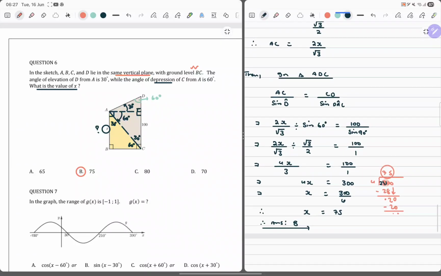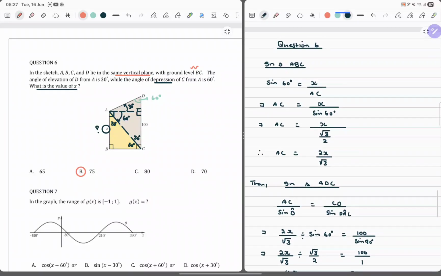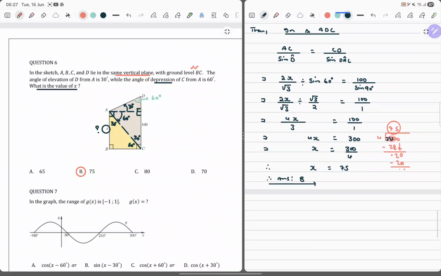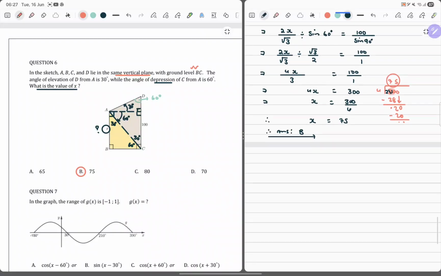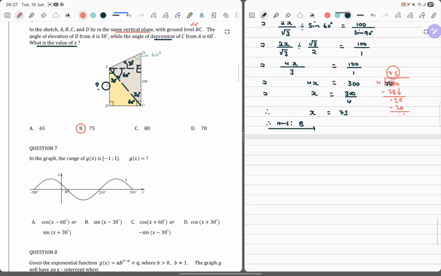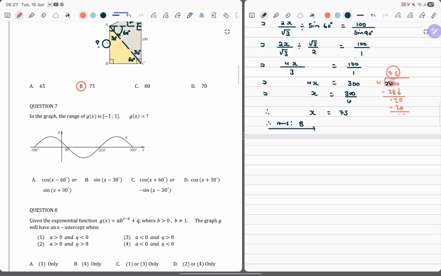Okay, some questions can be quite a lot, essay type questions. Of course, in this topic, we expect a bit of work, right? So let's look through question 7. Question 7 says, in the graph, the range of g is -1 to 1.